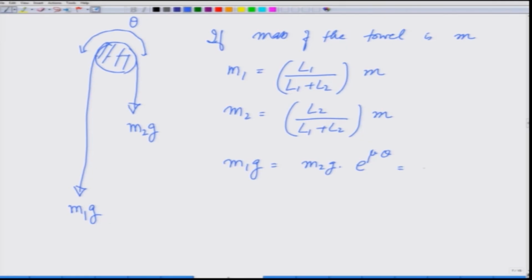So, this has to be M2 G e raised to mu pi.